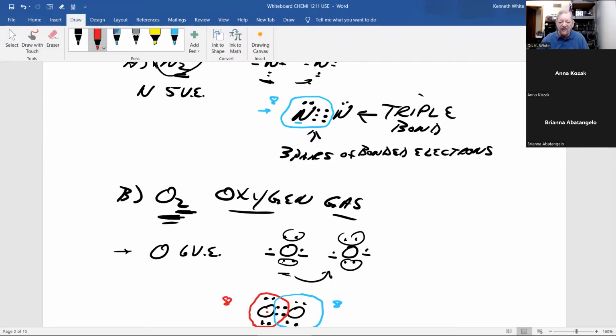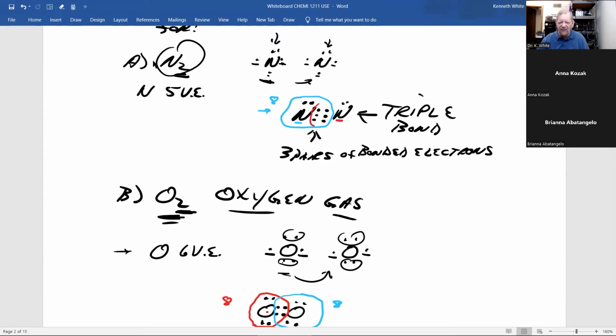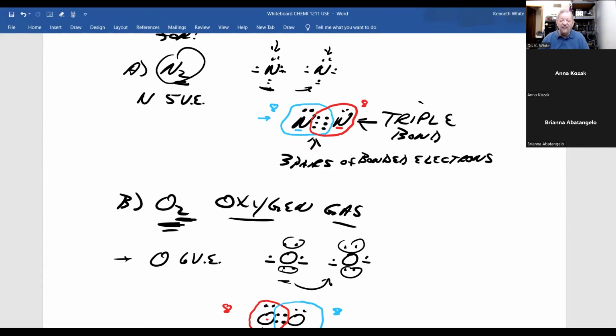If I look at this nitrogen, how many shared and non-shared valence electrons are there? 2, 4, 6, 8. 8 valence electrons. So it's happy. Isn't it nice to have happy atoms in a happy molecule? Of course. Oh, that was hokey.